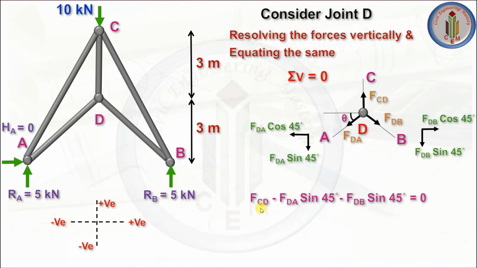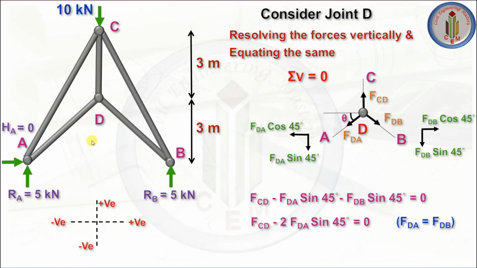So FCD we can take like that only, minus FDA sin 45. See, this force is acting downward, so we should consider a negative sign for FDA sin 45. Similarly, minus FDB sin 45. This is also in the negative direction, so minus FDB sin 45 is equal to 0. Instead of FDA sin 45 and FDB sin 45, we can make it one term because FDA and FDB are similar.